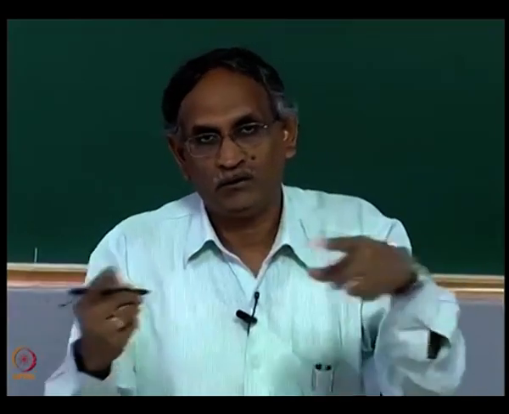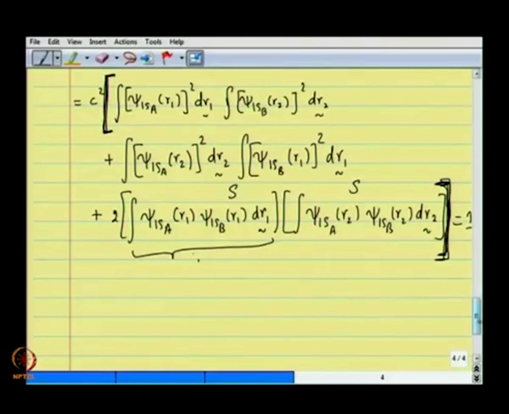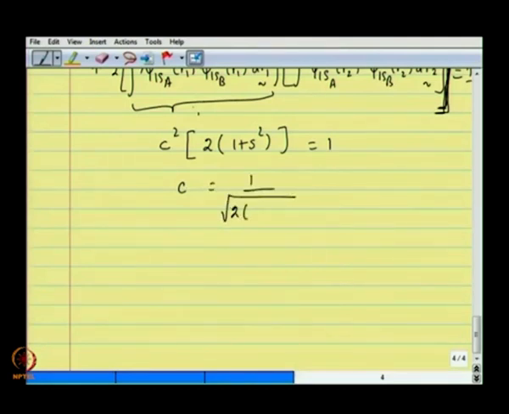2 lectures. One is a r1, one is b r1, that is electron 1 in one is a and one is b, therefore the 2 orbital overlap integral, and what you see here is s squared, this is an s, this is an s, therefore the normalization constant for this problem is c squared 2 into 1 plus s squared, that should be 1, and therefore c is 1 by square root of 2 into 1 plus s squared.